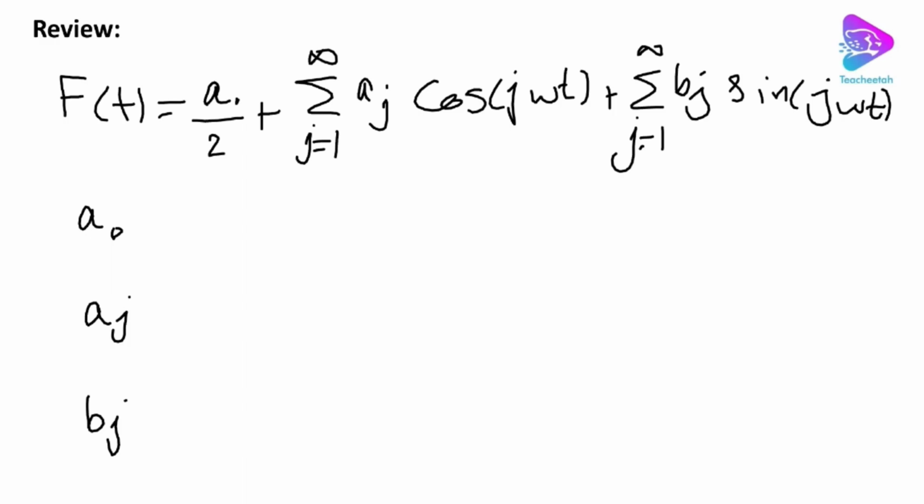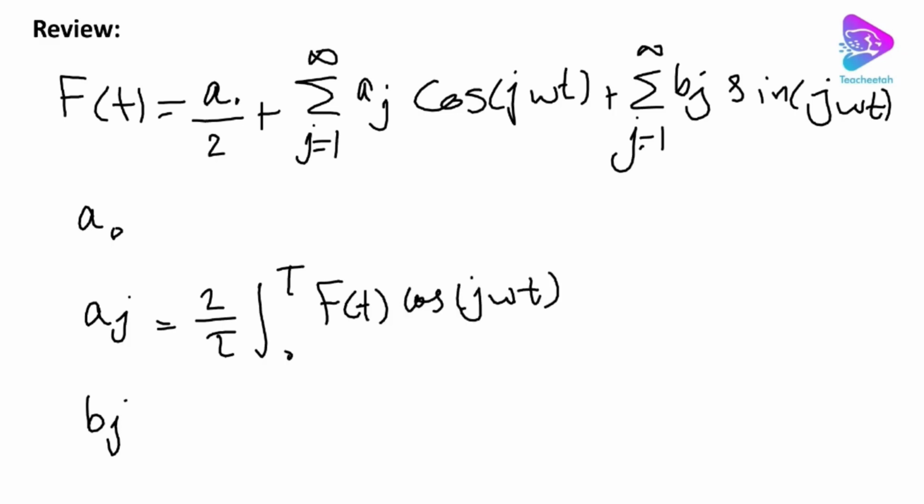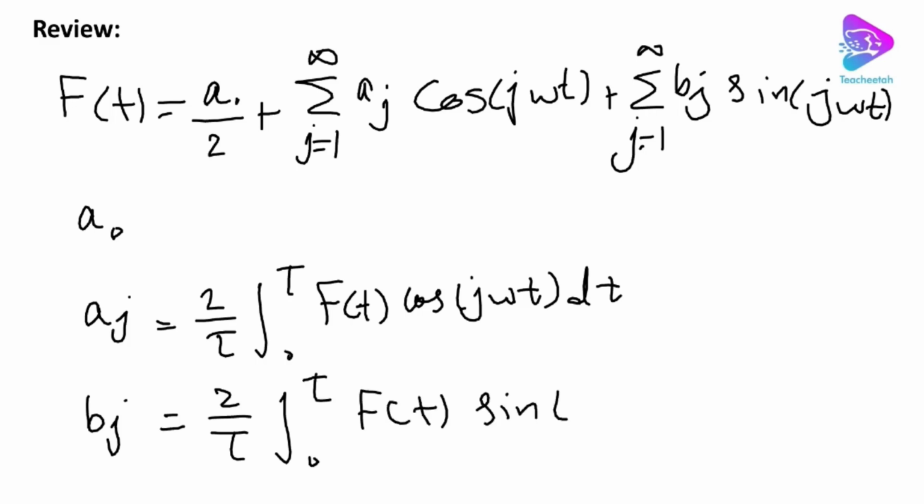For a j, it is equal to 2 over tau, integral from 0 to tau of F(t) cos j omega t dt, and b j is 2 over tau, integral from 0 to tau of F(t) sine j omega t dt.